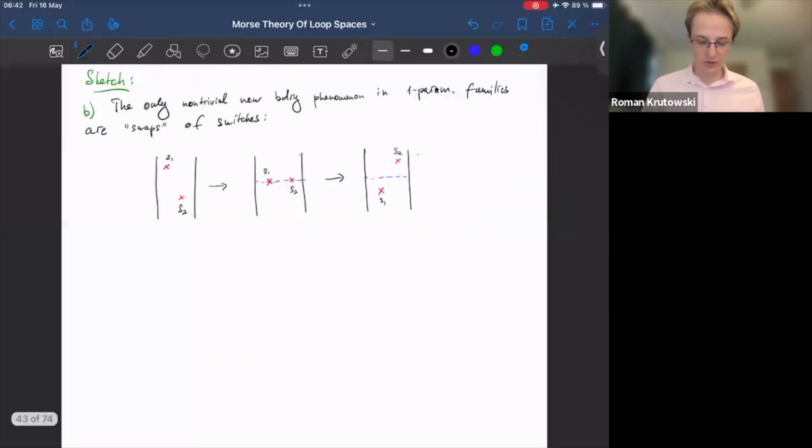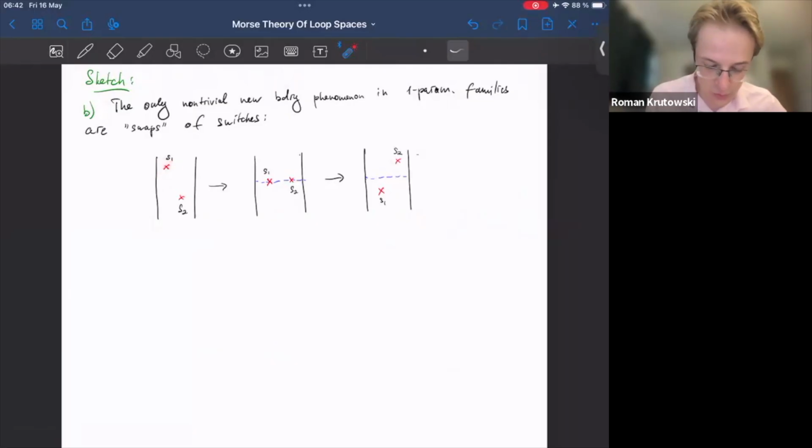Okay, so a little bit about the proof. We already explained how one should introduce those perturbations to make everything transversely cut out. But here is what happens with compactness. One non-trivial phenomenon that can happen is that two switch points will happen at the same moment of time along your gradient trajectory, and they can swap order.